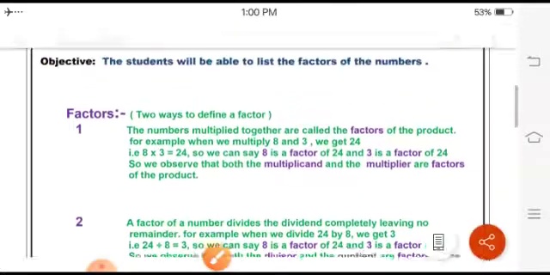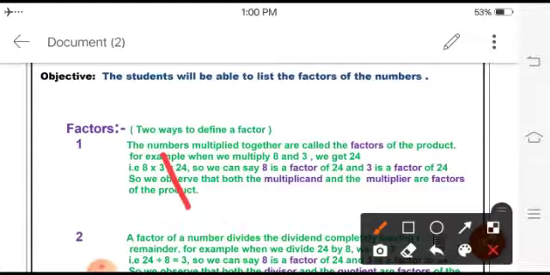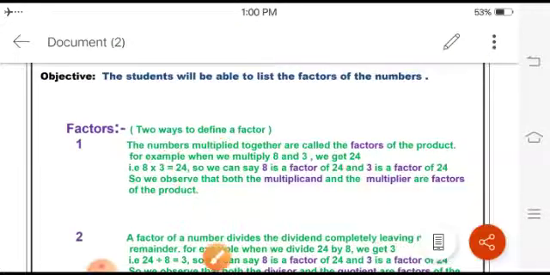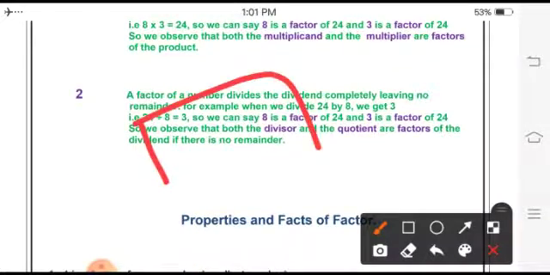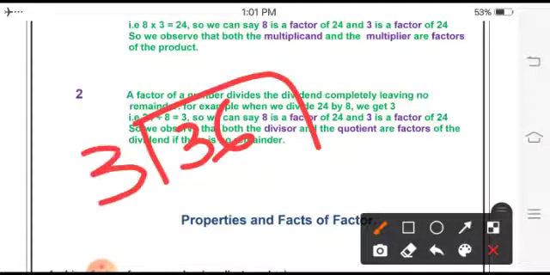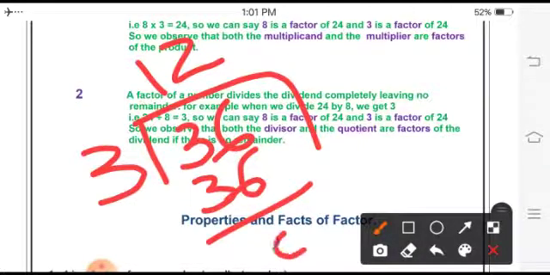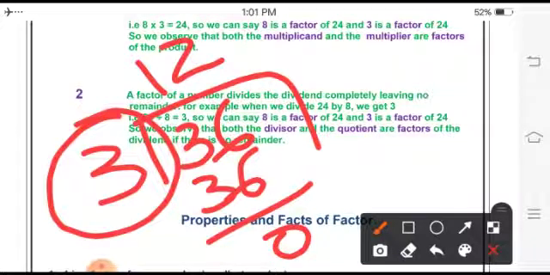One more example: say I have the number 36, and I want to see if 3 is its factor. So I'll divide it by 3, and we know 3 12s are 36. The remainder is 0. In such situations, we can say that 3 is a factor of 36.